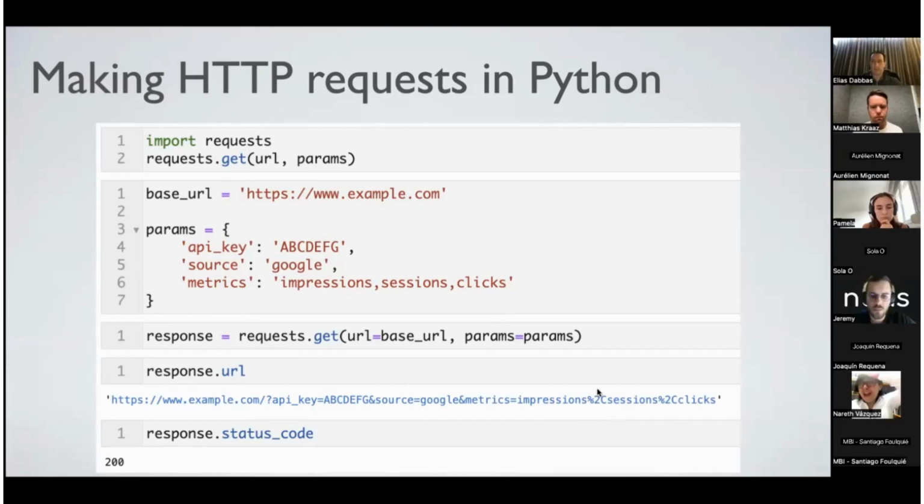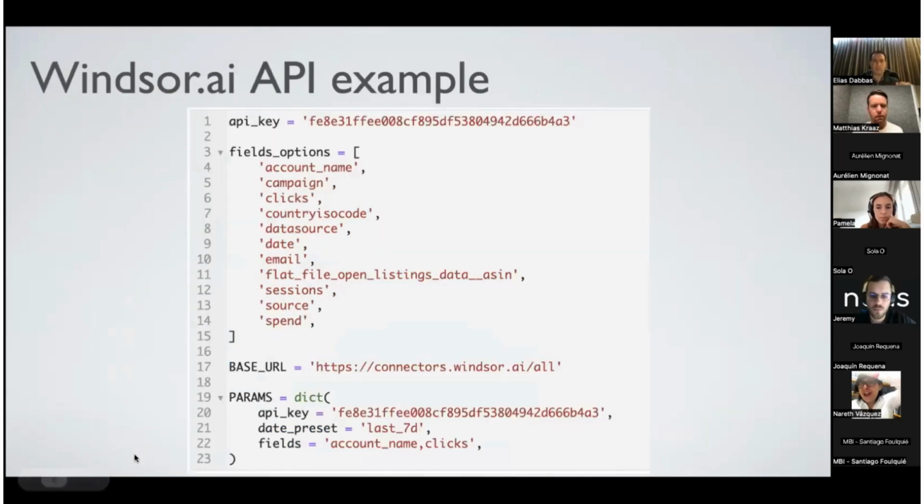As you can see here, we have special characters and escapes and URL-safe letters and numbers done for us. You can check the status code, and as you can see, it's 200. So this was a successful response.